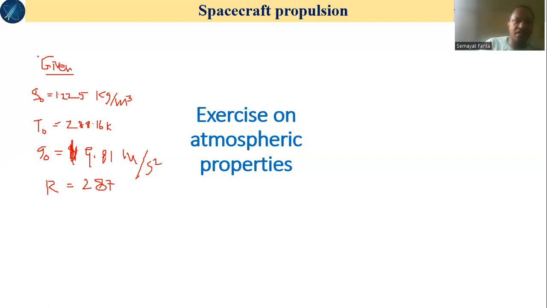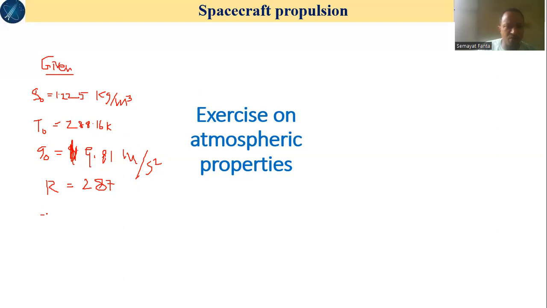So these are the parameters. Density naught 1.225 kilogram per meter cube, temperature 288.16 Kelvin, gravity at sea level is 9.81 meter per second square, and R is 287. So these are the parameters required.